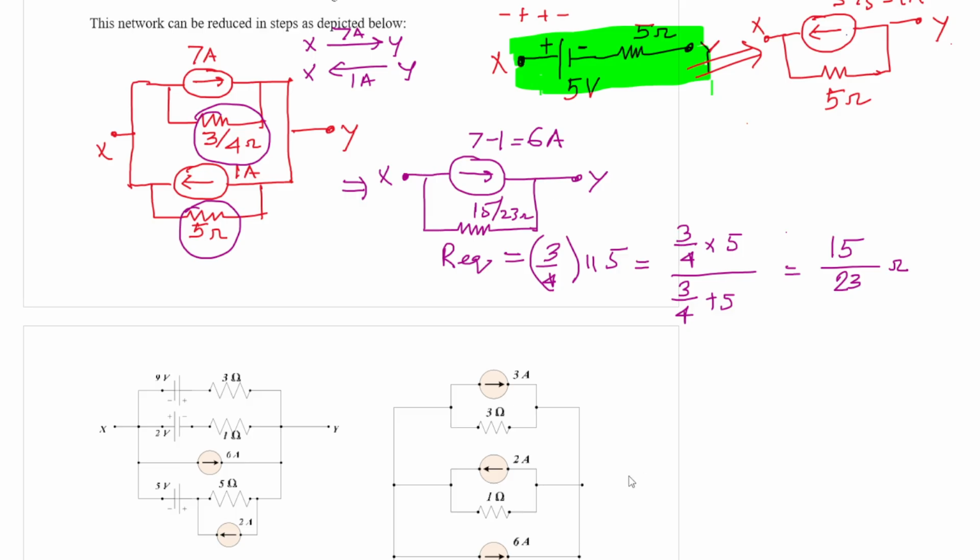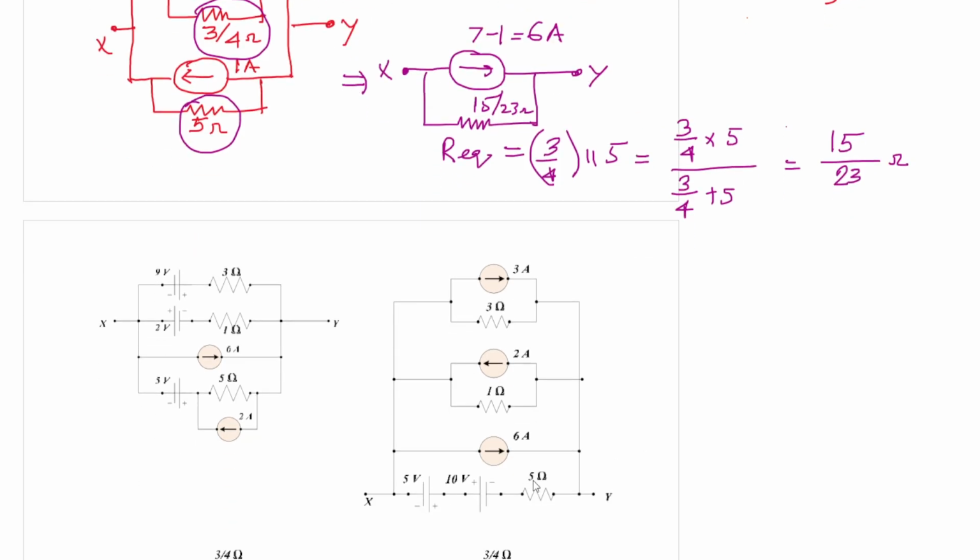So what we have done till now, let us revise one by one. First, we have a 9 volt source in series with 3 ohm resistance, which is converted into a 3 ampere current source in parallel with 3 ohm resistance.